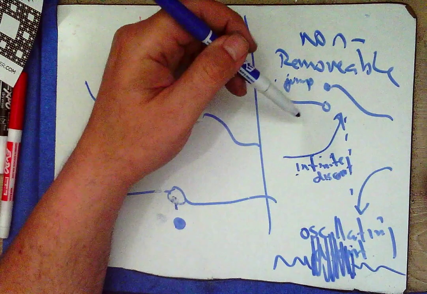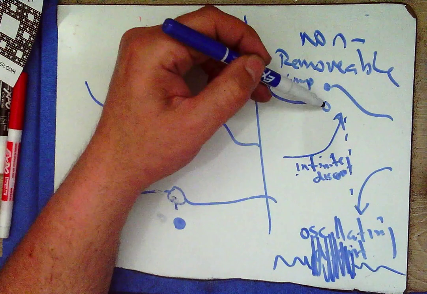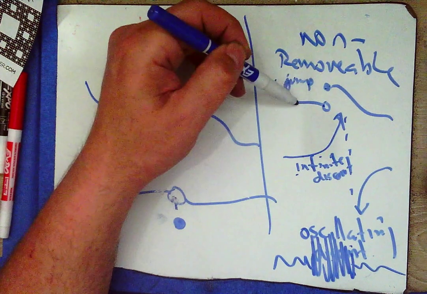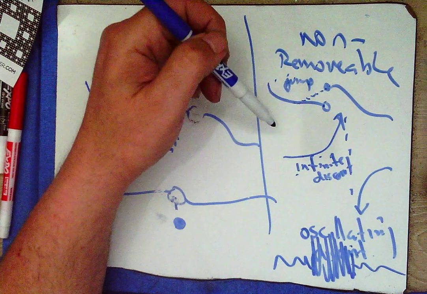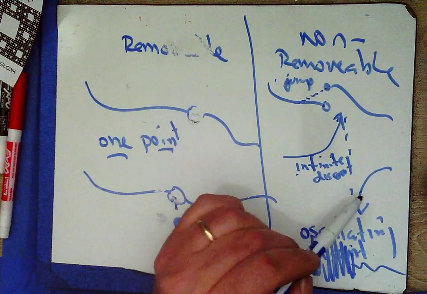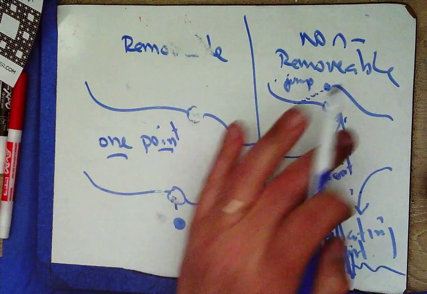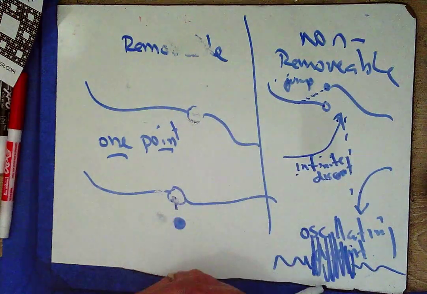But with these, how many points would I have to change to get this to touch this? Well, I have to change an infinite number of points. Can I ever get this to touch this by changing one point? No, I can't. And this, definitely not.